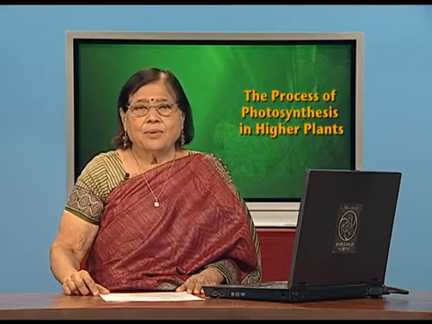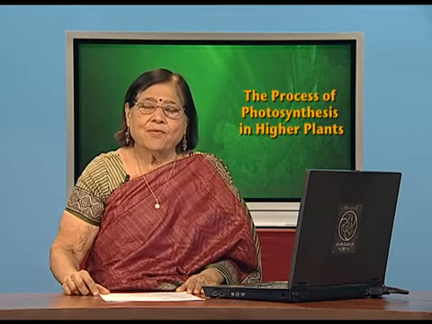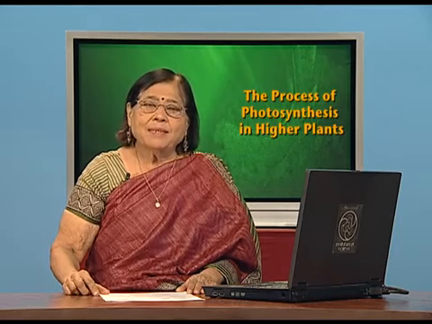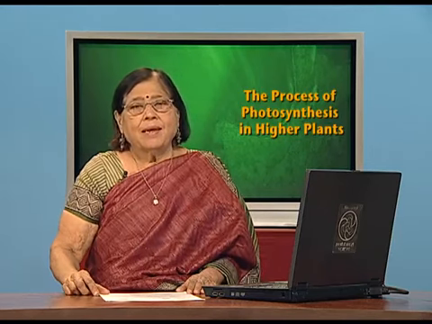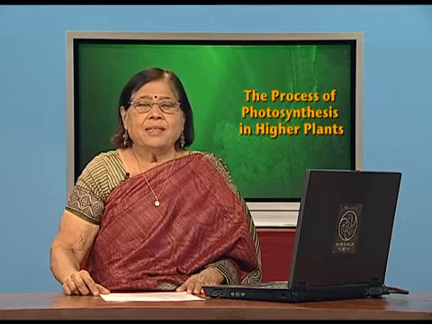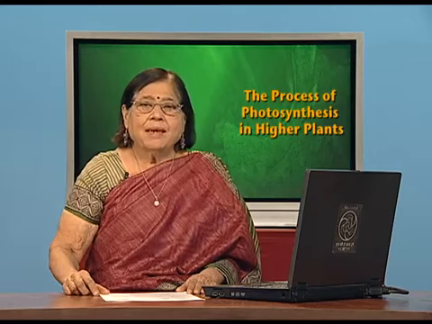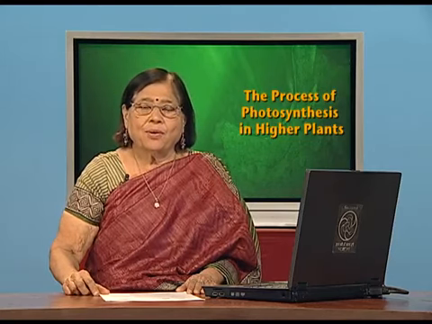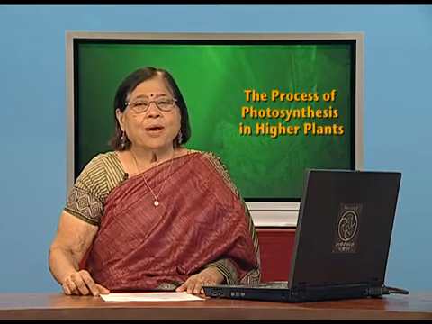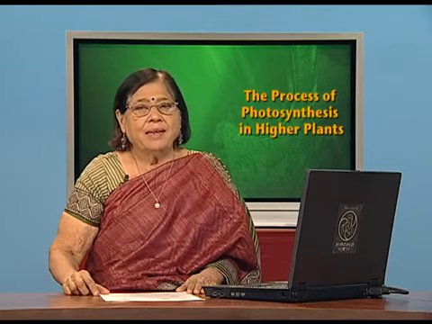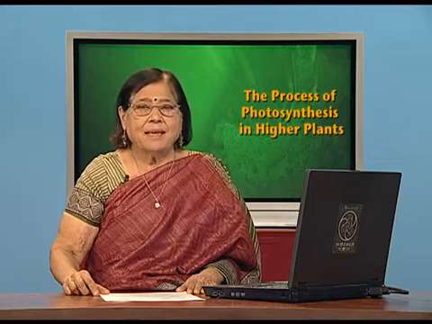Coming back to chlorophyll, an important pigment for photosynthesis, it is present in a structure called chloroplast. We know in the leaves there are mesophyll cells in which we have chloroplasts, and these chloroplasts have chlorophyll. They have the capacity to orient or align themselves in the leaf so that they get maximum sunlight when the sun is there.